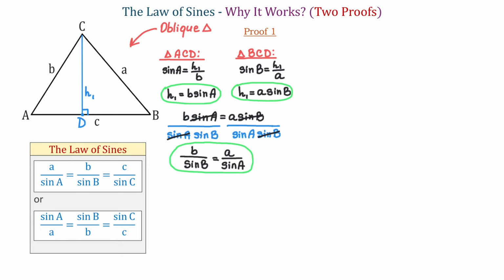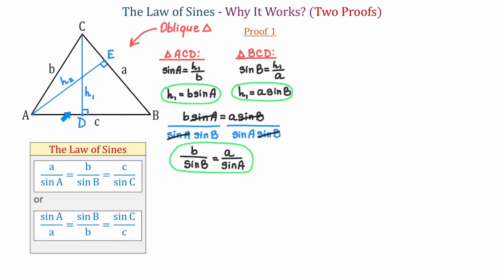Now let's draw another perpendicular from either vertex A or vertex B. I will draw a perpendicular from A to the opposite side. Then I will call this point E and the height h sub 2. And now we have two more right triangles. One of them is ABE and the other one ACE.